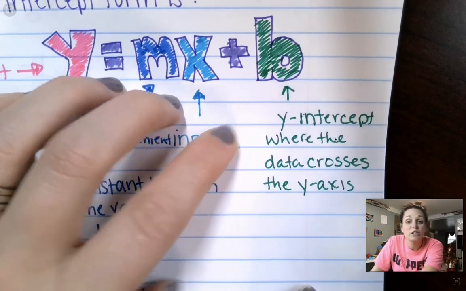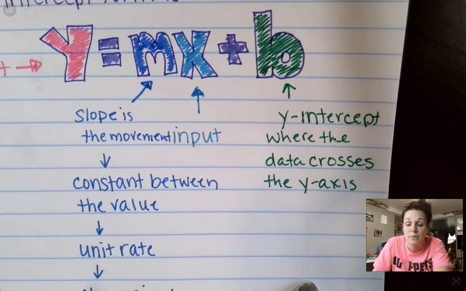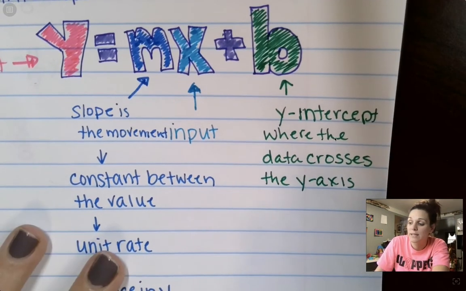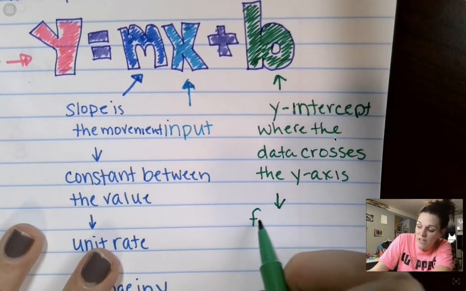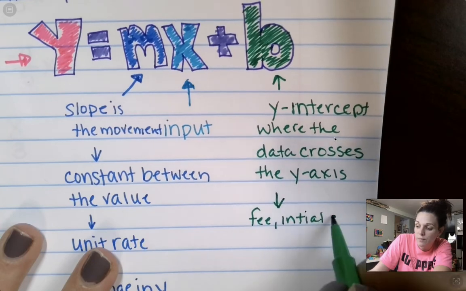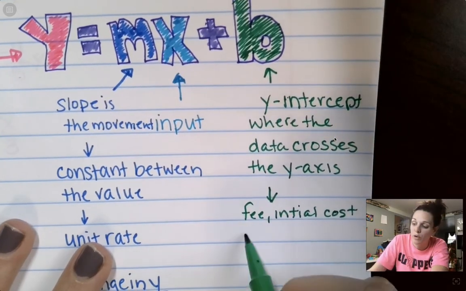The y-intercept is where the data crosses the y-axis. What you also need to understand is that it represents the fee or the initial cost, or any of those first starting values.